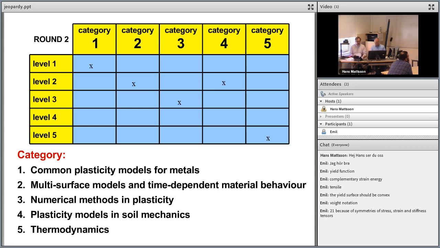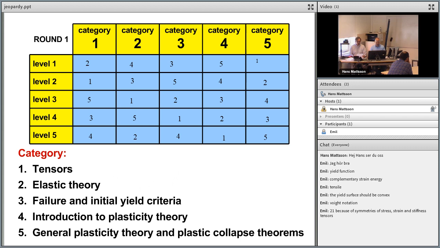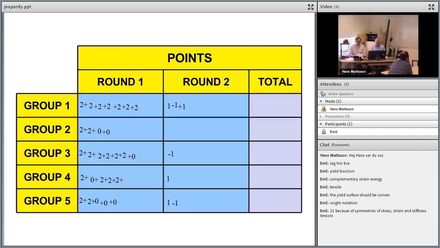Category 1, level 3. How does the von Mises yield surface look like in the principal stress space for isotropic hardening? Group 2 has screamed their group number, and we want an answer.